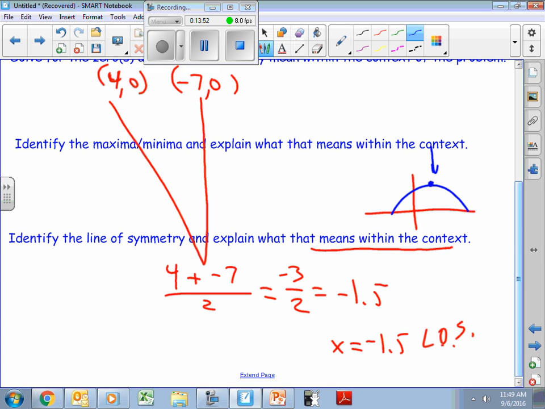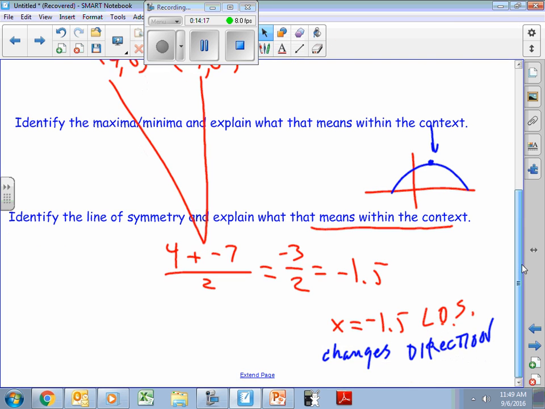Those of us who are just 2s and 3s, don't worry about what I just said. This is for the people who will try to get a 4. It changes direction from up to down.